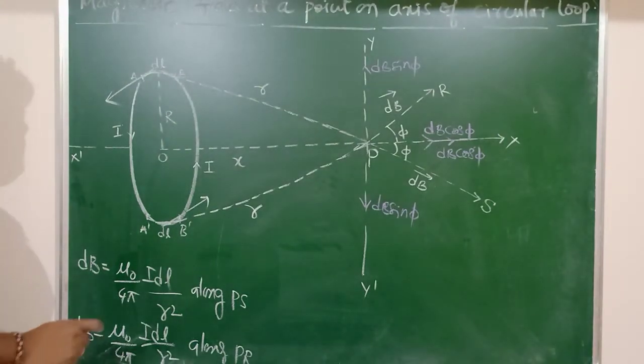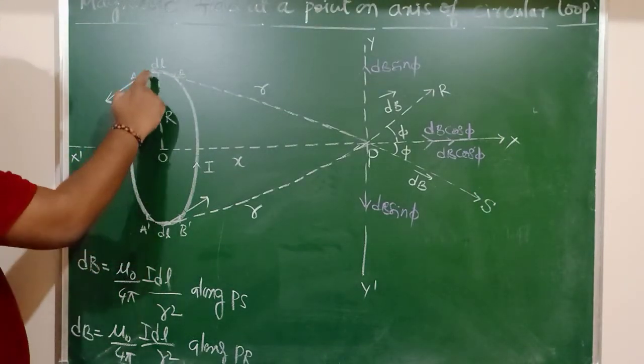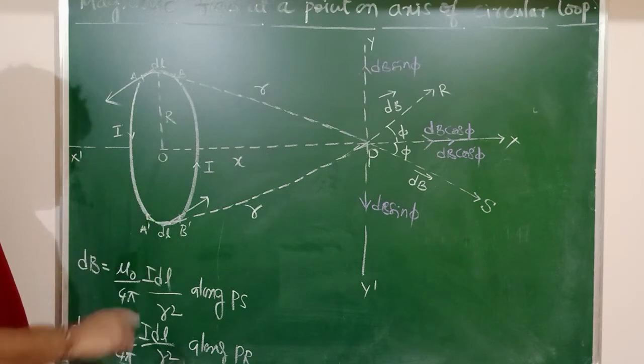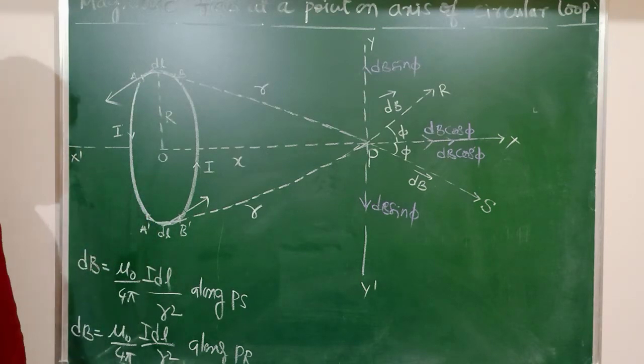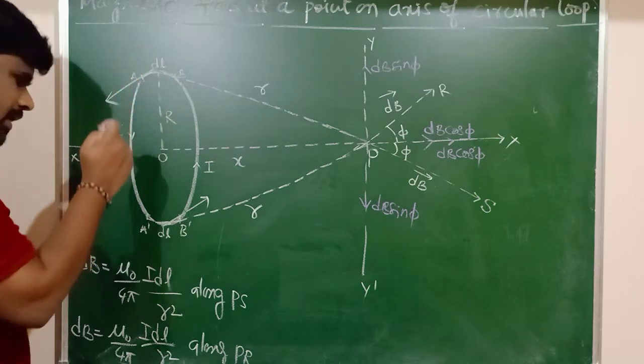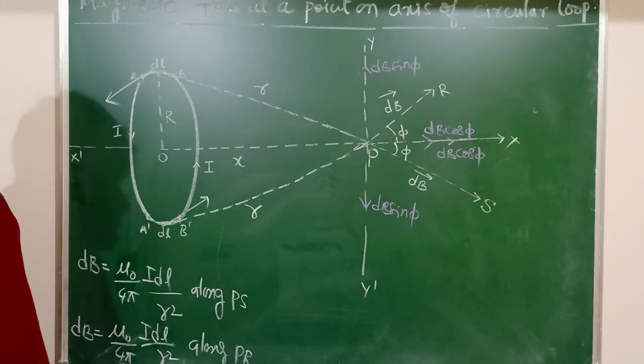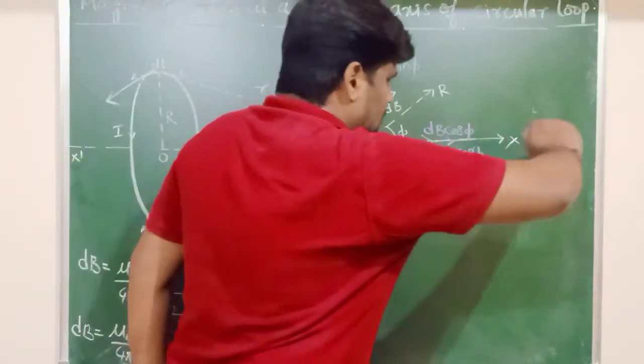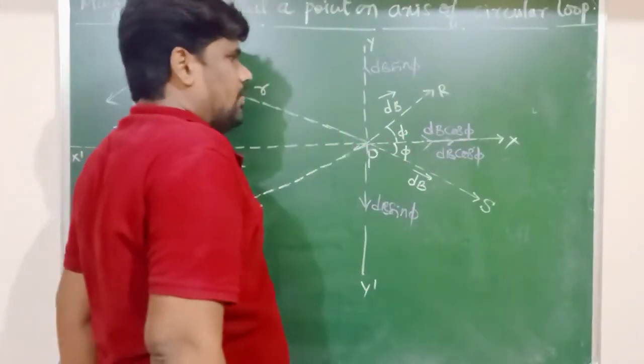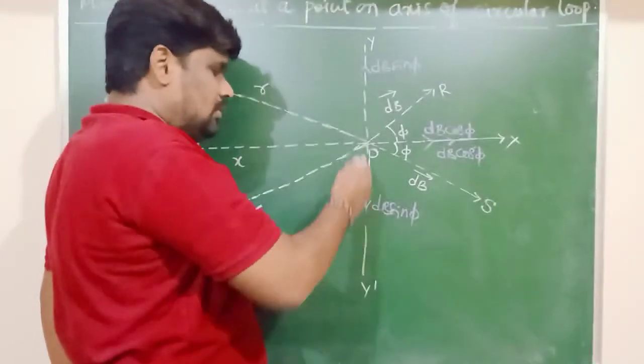Whenever you take any two diametrically opposite current elements, every time the horizontal components add up and the vertical components cancel.